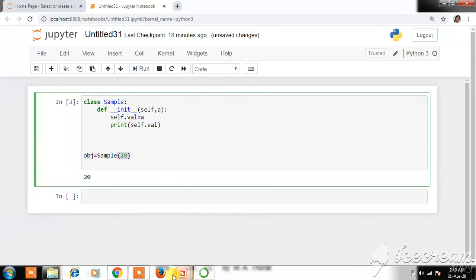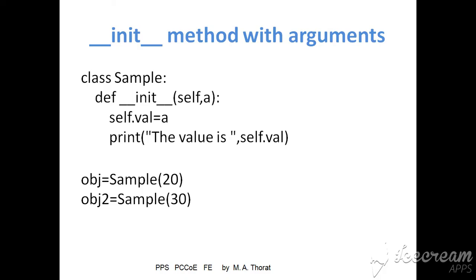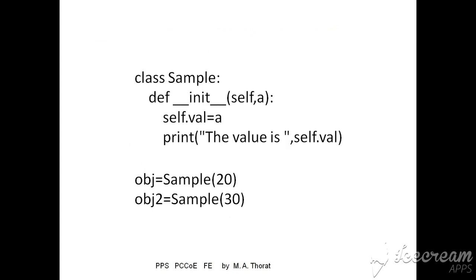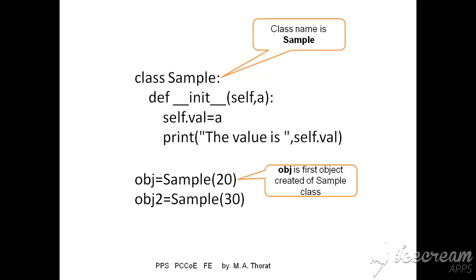So the init method can have arguments, and those can be passed during object creation. Now the next point is which concepts we have used in this init method. One class, sample, is defined, then obj is the first object created of the sample class, then obj2 is the second object created of the sample class.